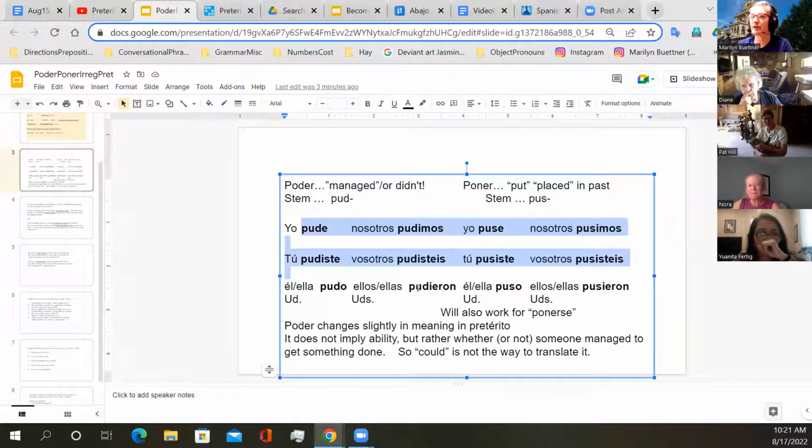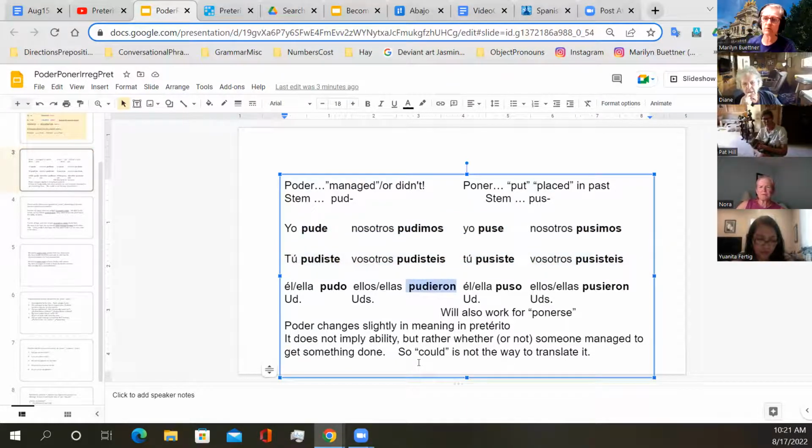This little form is going to come into play later on because there's going to be a different tense based on it. More specifically, it's based on this one word. There's going to be a special thing you'll learn later, which is a form of using poder in its most super polite, asking pretty please kind of form when you want to ask a question. And it's going to be based on that one preterit form, pudieron.